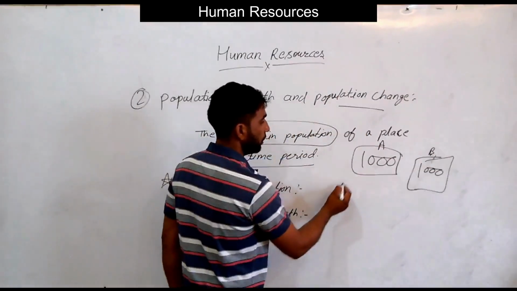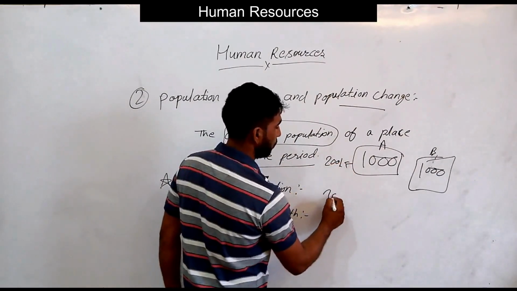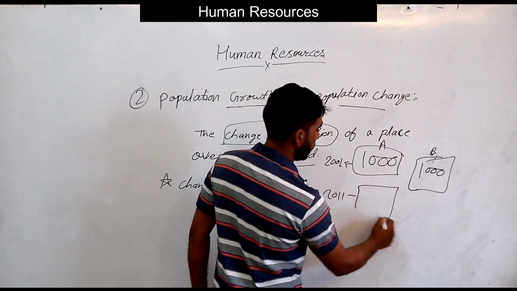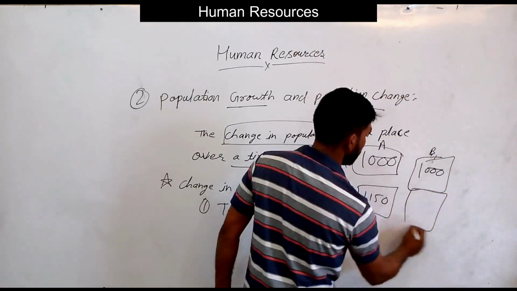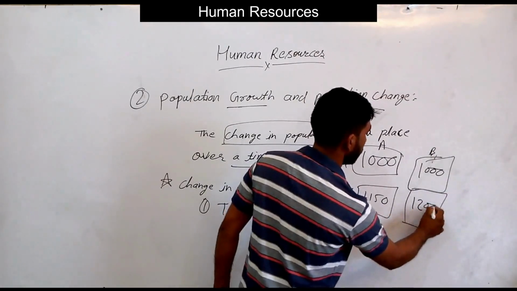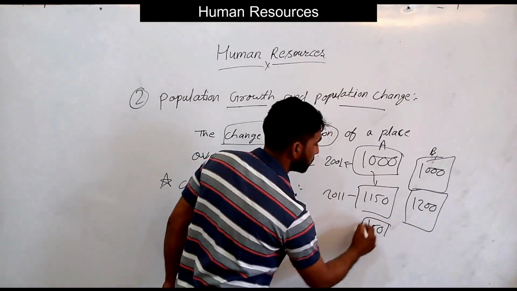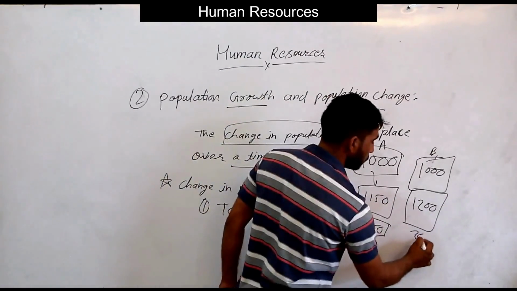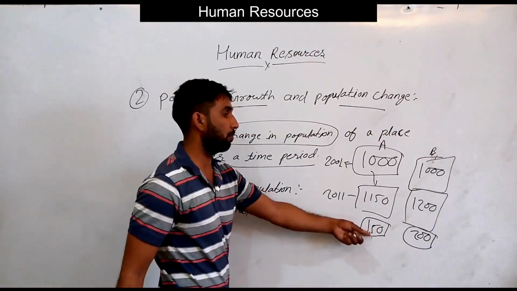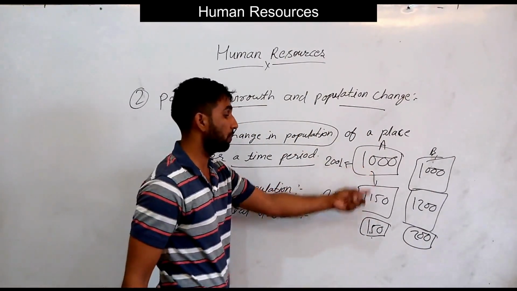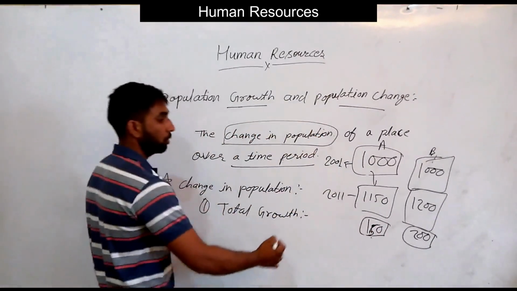After that, in 2001 or 2011, point A will be 1150 and point B will be 1200. It means the total increase is 150 here and 200 there, the actual number increased over the previous or original number. So that 150 is called total growth.